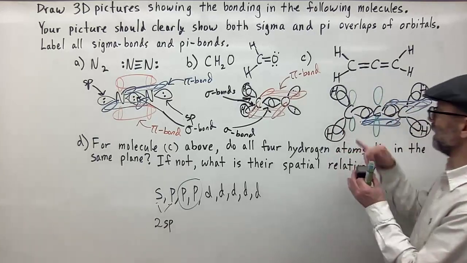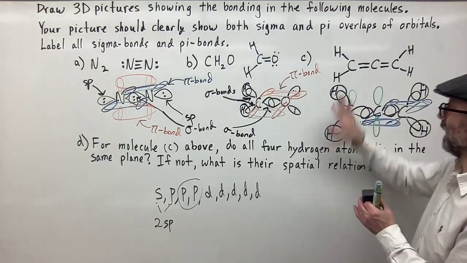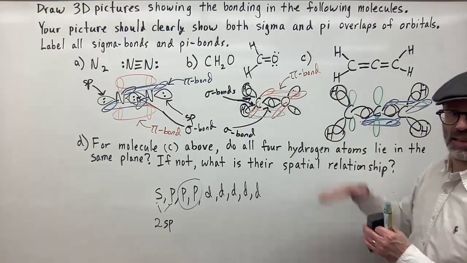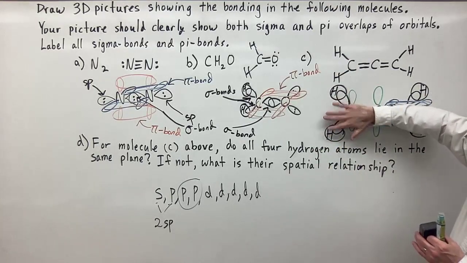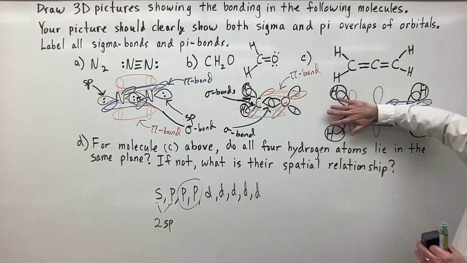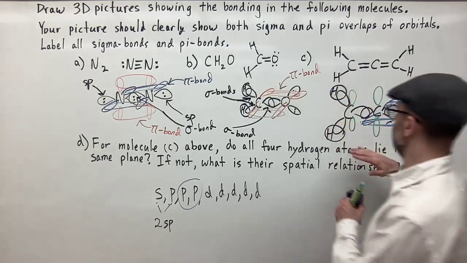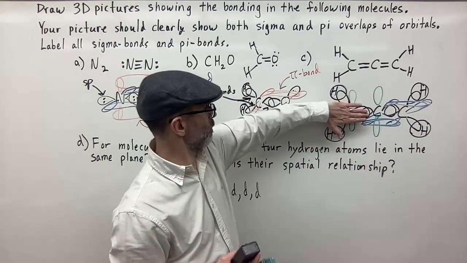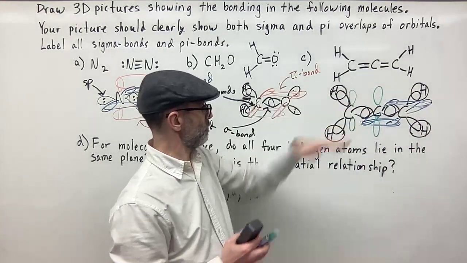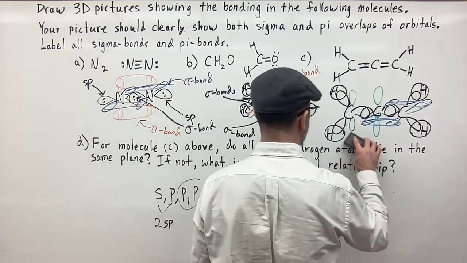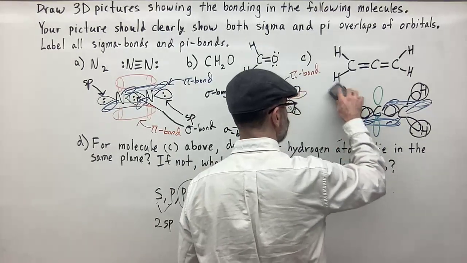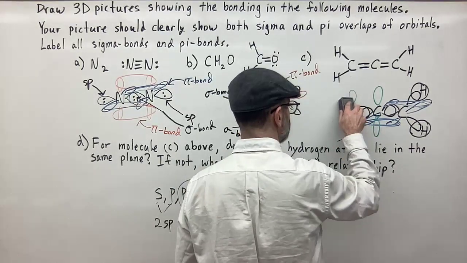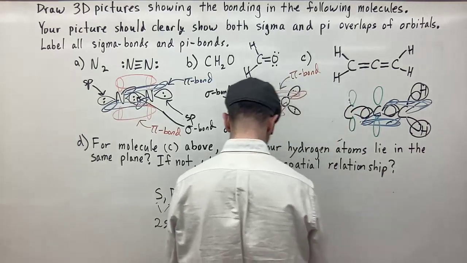Which means that these two hydrogens can't be up and down. They have to be in the plane because that means that this plane here that I drew is actually not like that. It's going to be perpendicular like this. So I need to then draw this the best that I can to show that perpendicularity.